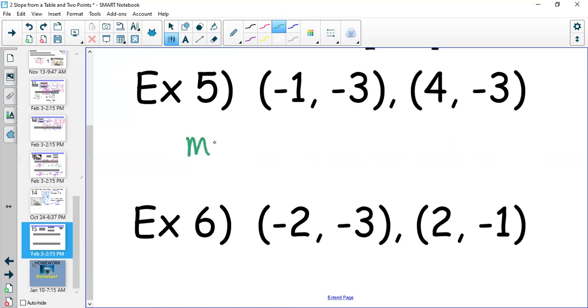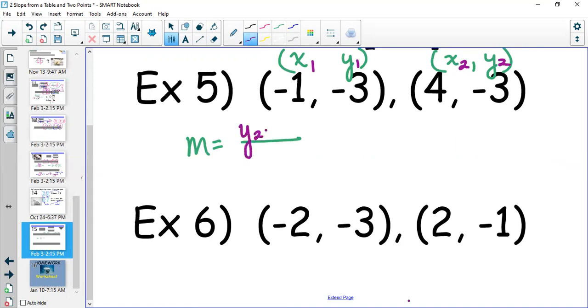All right, so first one, I'm going to first off label my X and my Y. This is my first X and my first Y, and my second X and second Y. All right, remember the formula is Y2 minus Y1 over X2 minus X1. Okay, so I'm going to start off with Y2.